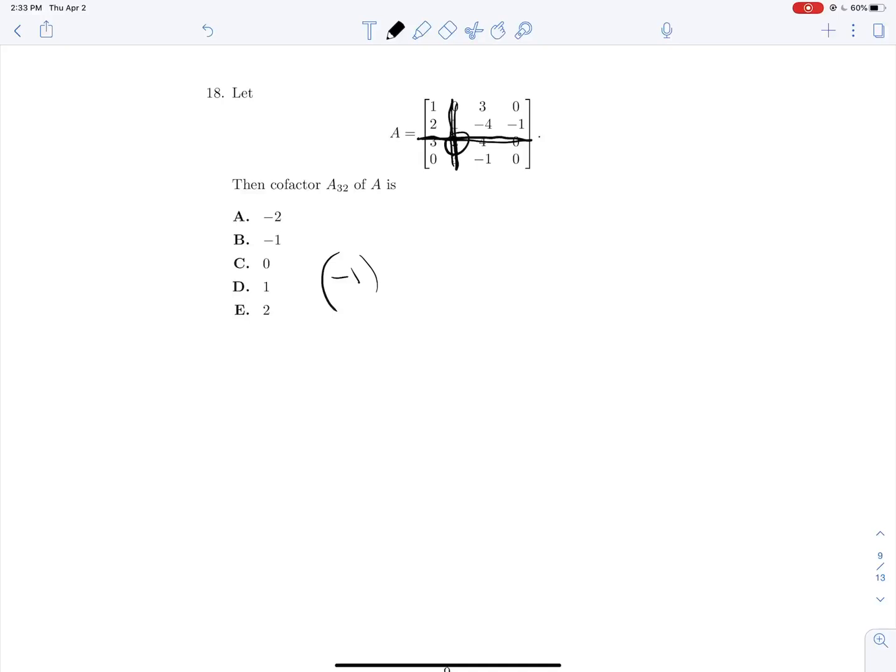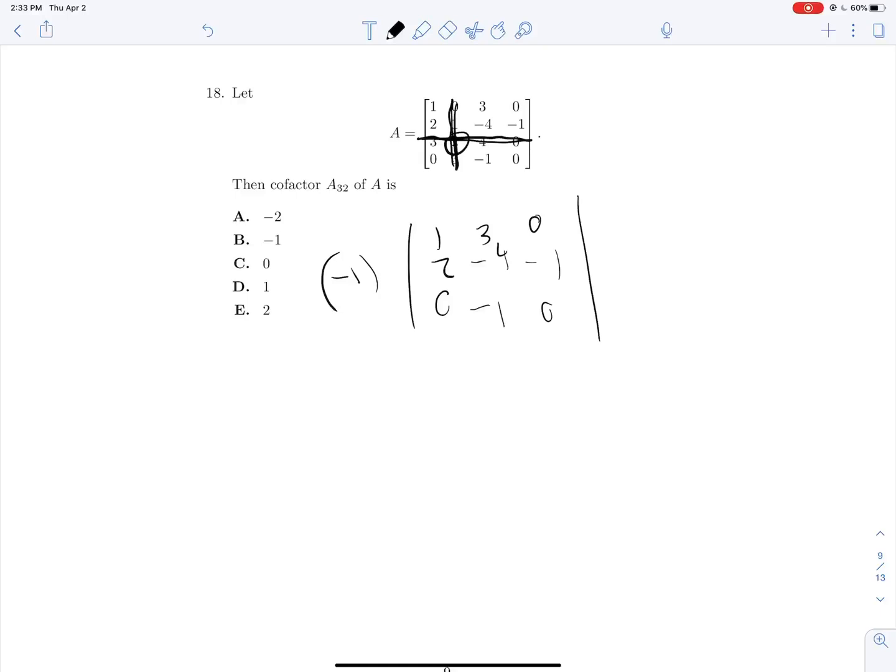We are left with a matrix composed of 1, 2, 0, 3, -4, -1, 0, -1, 0. That's its determinant here.